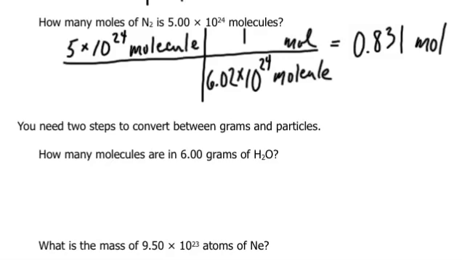Alright, so the last question is, what is the mass of 9.5 times 10 to the 23 atoms of neon? So, again, we're going to fence post. 9.5 times 10 to the 23rd atoms, so particles.